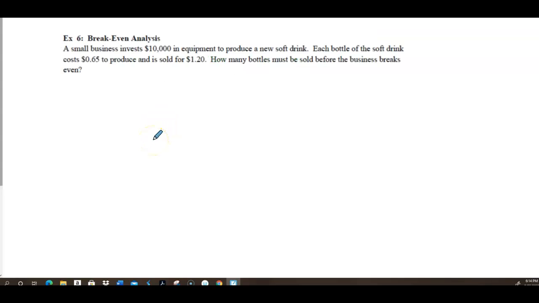And on example 6, if you will go to page 479 and look up example 6. If you'll try both of those problems, then when we meet in our Google Meet, I'm happy to do them for those of you who need help on them.